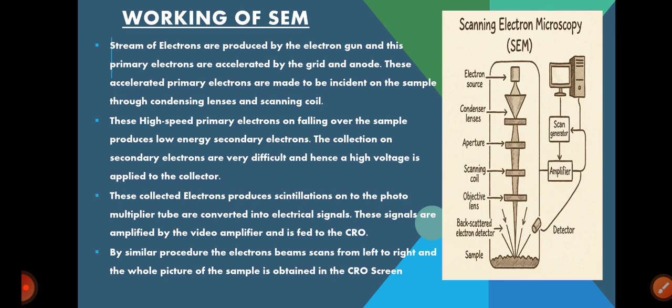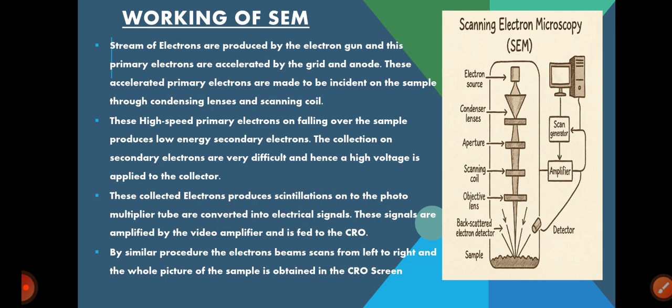As I already told you, the anode makes a positively potential lens. These accelerated primary electrons are made to be incident on the sample through a condensing lens and scanning coil.